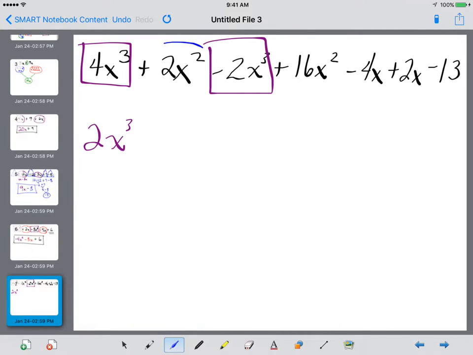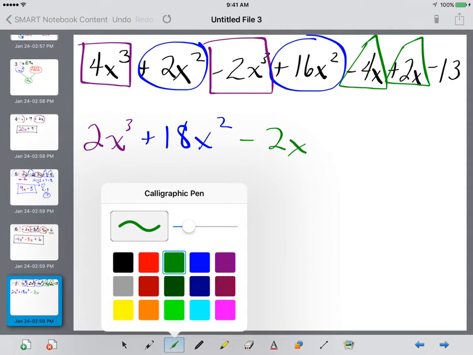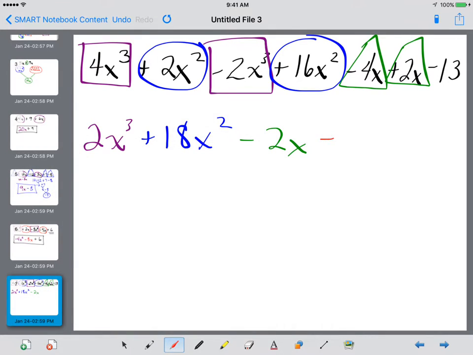Now we have positive 2x squared, positive 16x squared, and that leaves us with 18x squared. Now I'm going to go for negative 4x plus 2x. That leaves me with a minus 2x. Minus 13 in the end. There's nothing to combine it with.